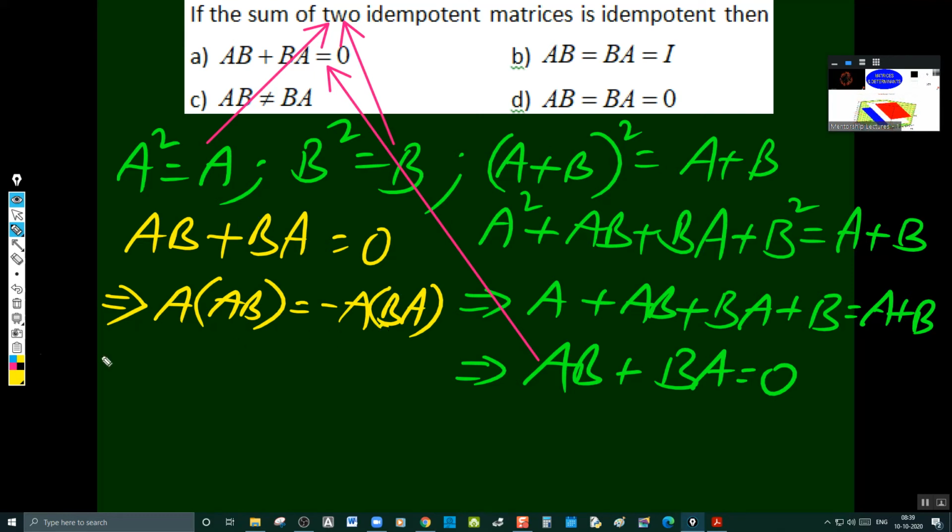Okay, then instead of, you can convert this as A square B is equal to minus ABA.